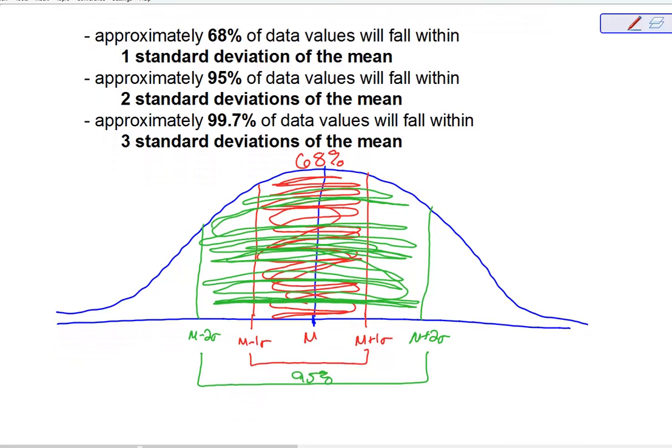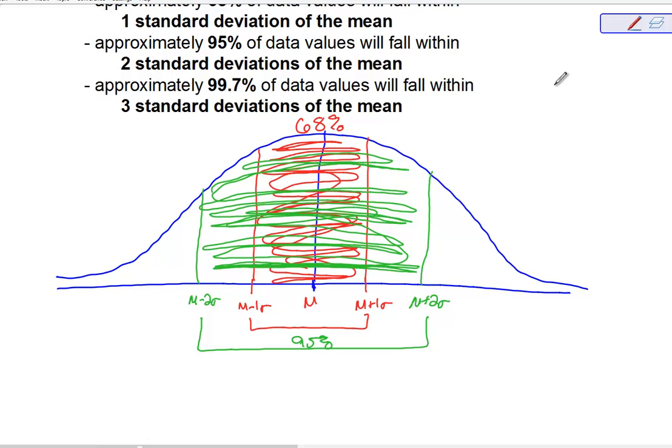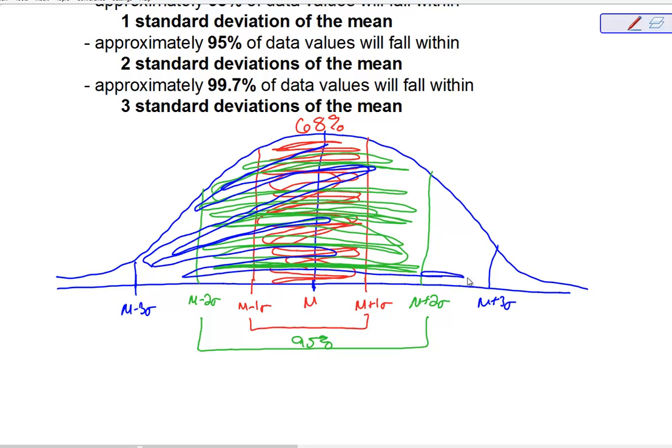Then, if I go out one more standard deviation here, I'm going to go out here, mean minus 3 standard deviations, and the mean plus 3 standard deviations, and color all of this in.